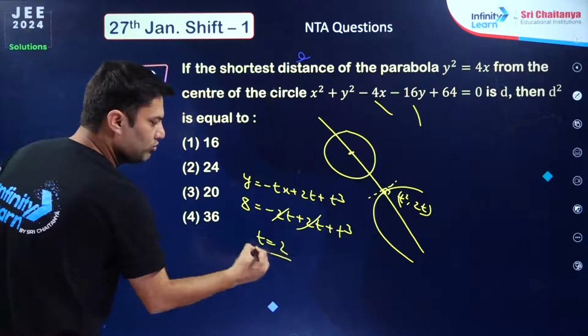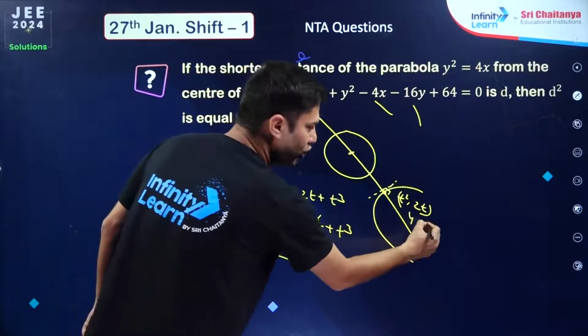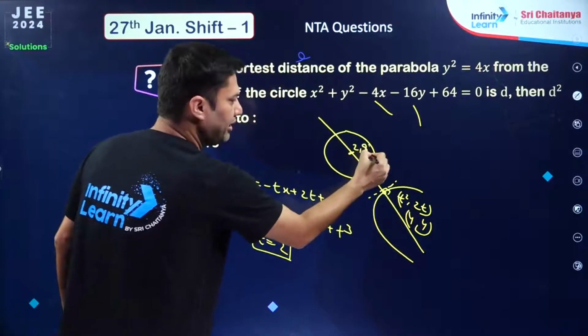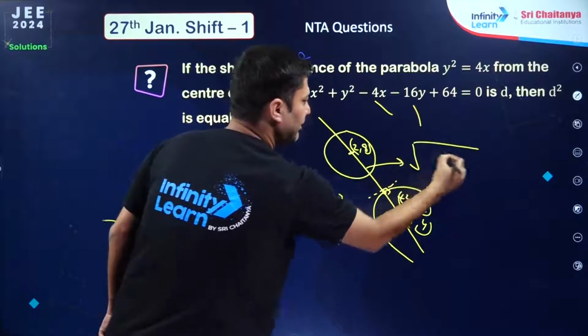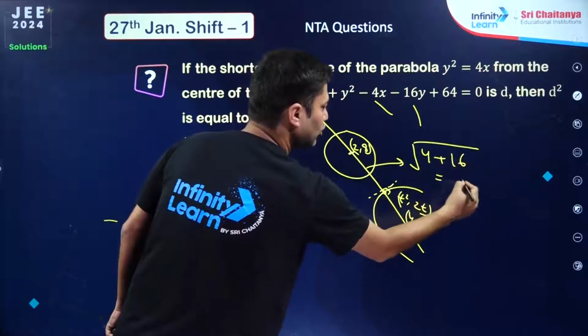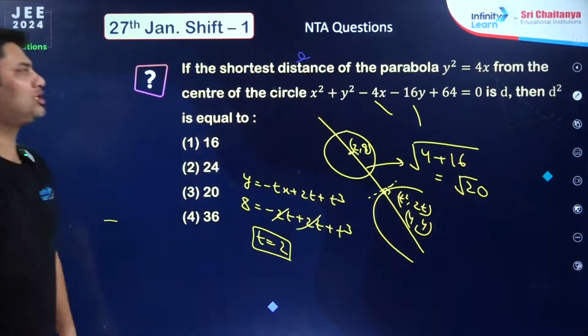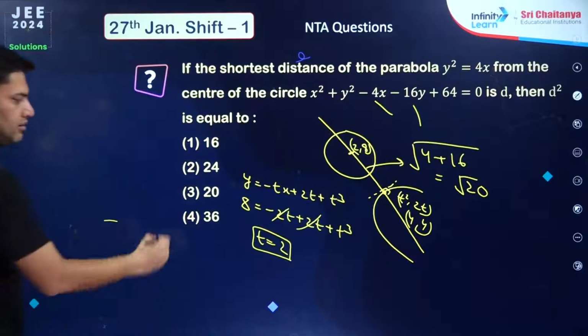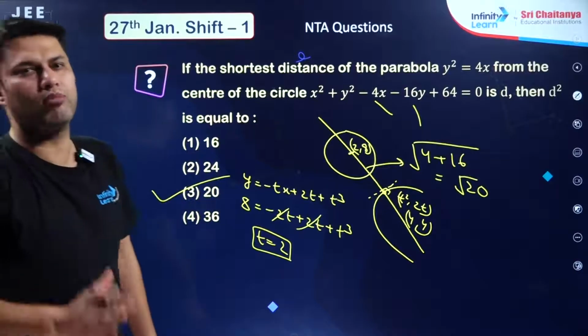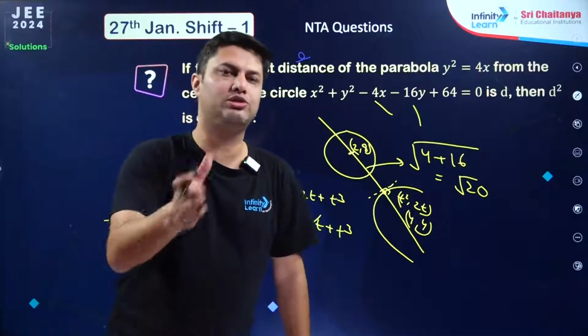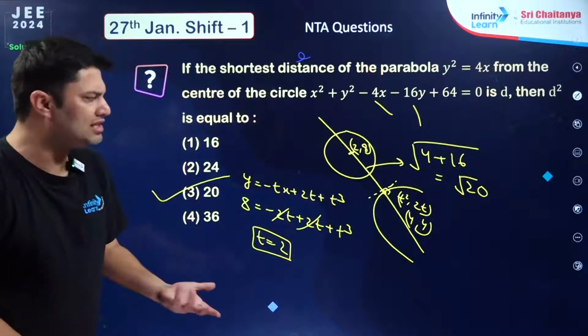So t is coming out to be 2. So this point is 4 comma 4. This point is 2 comma 8. And the distance between them will be root of 4 plus 16, which is root of 20. So the square of the distance is 20. Very simple problem, copied from a JEE Advanced 2016 problem. Okay, but very simple.